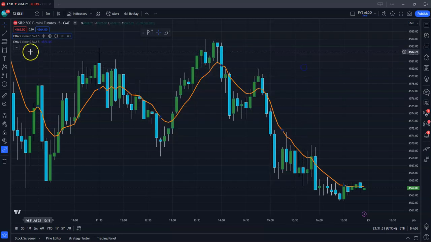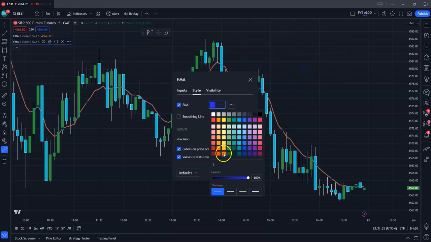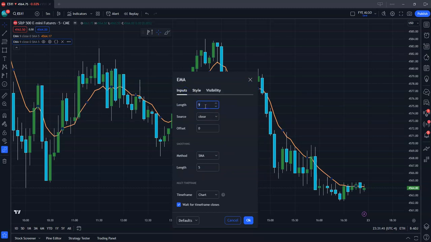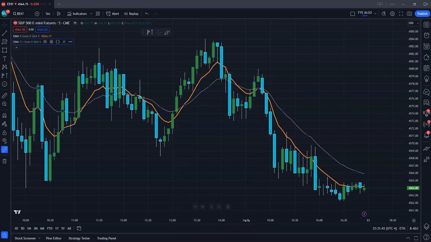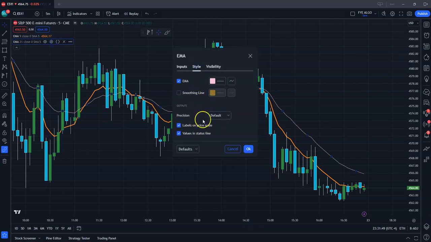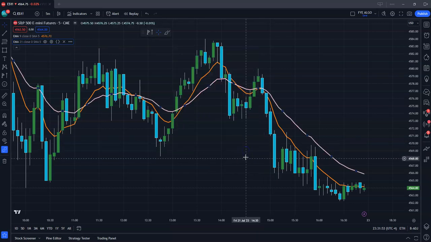We're going to change the time period to 21, and hit OK. And we need to make that line a little bit thicker as well. Let me do that. There we go.